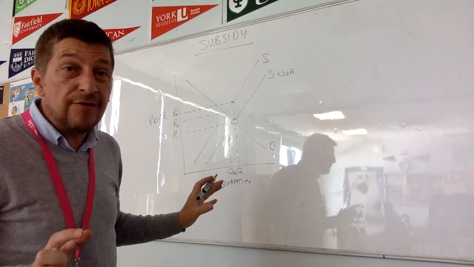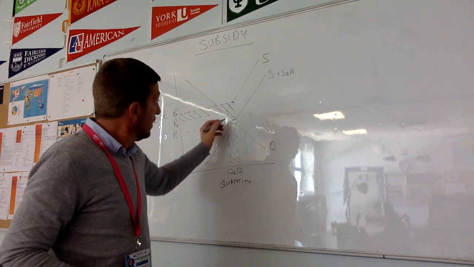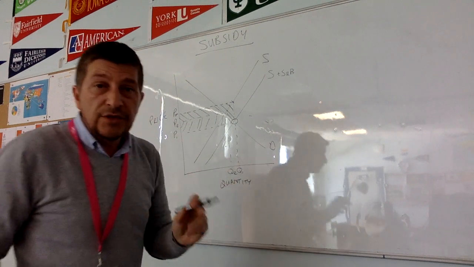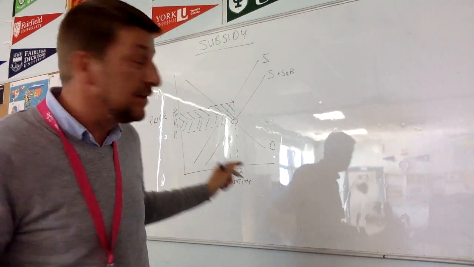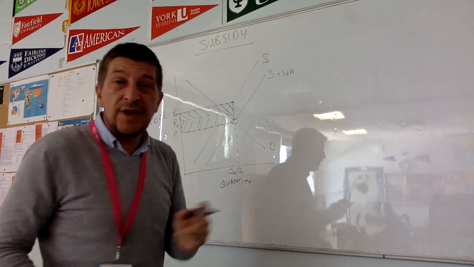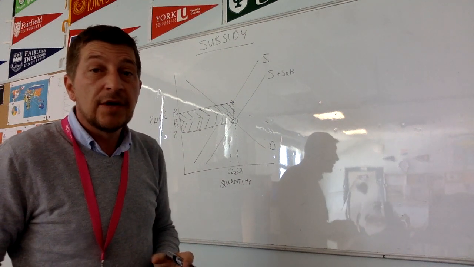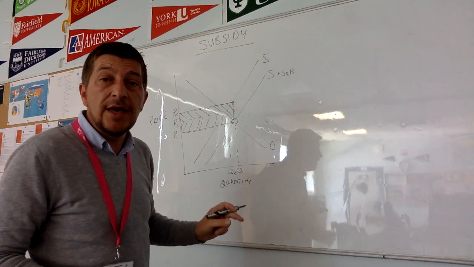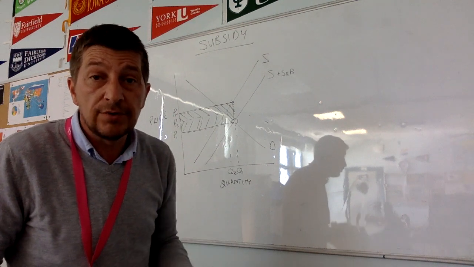These shaded areas here, this one, and this one, this represents the entire size of the subsidy that the government pays. So let's look at that. That is a significant investment by the government in this industry. Okay, so that is the amount of money that the government has to pay to suppliers in order to encourage them to provide more of this product.